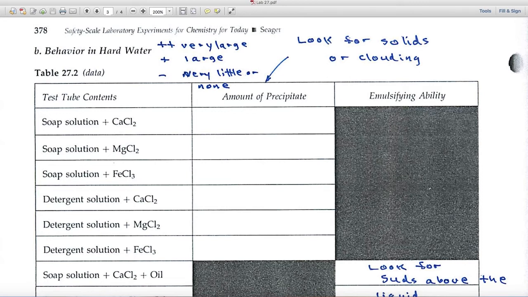What you'll look for in this case is the amount of precipitate that forms. Precipitate, of course, is a solid or a cloudiness in the solution. If there's lots of precipitate, you'll give it 2 pluses, 1 plus for a large amount, and minus for very little or none.